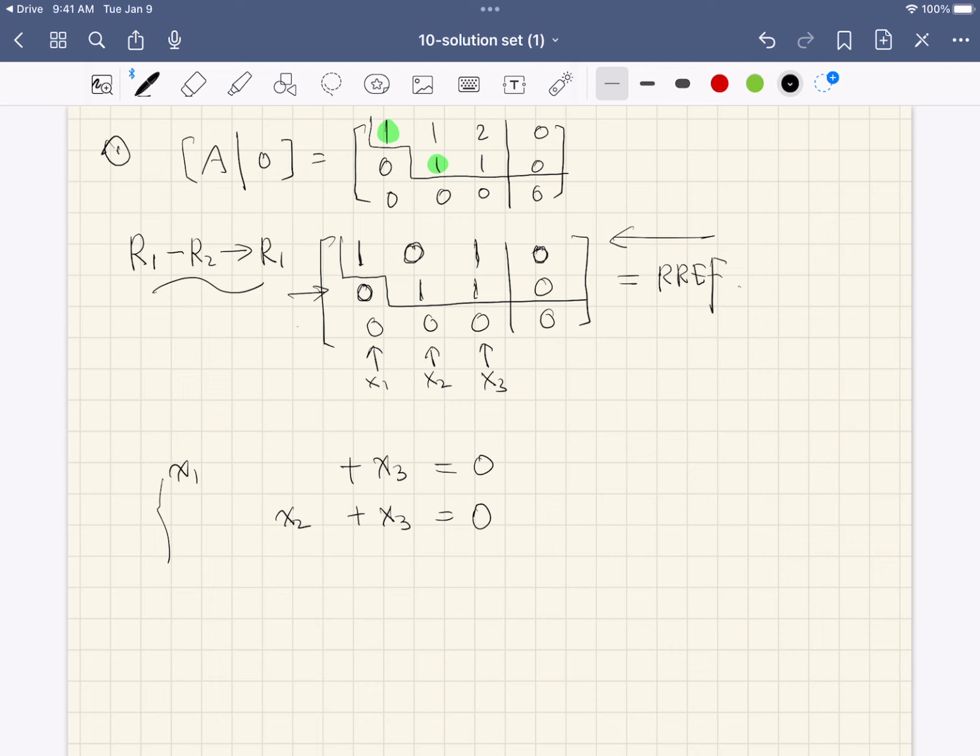The third row doesn't provide any equation because it is all zeros.